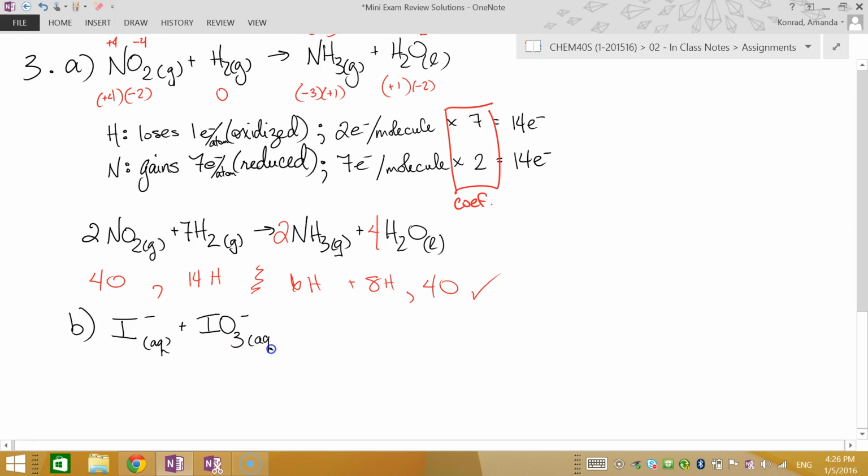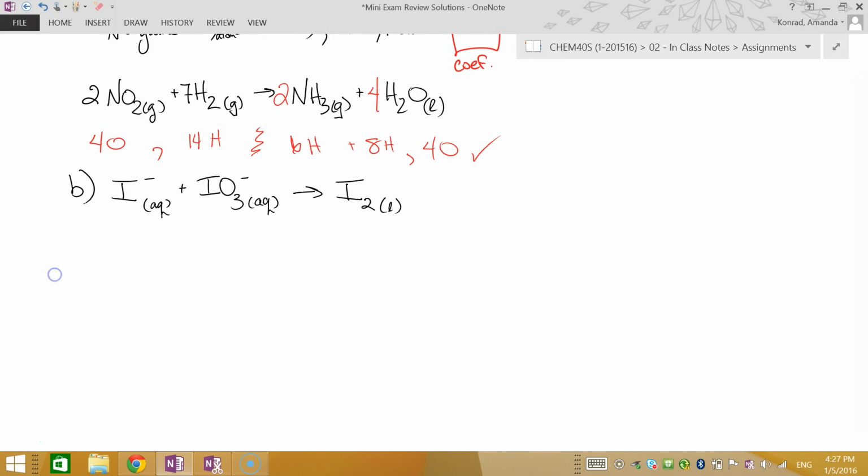So any lost charges along the way will influence our answer and mean we probably won't get the right one. And iodine is usually in the liquid form. If you don't have the states, that's okay, because they're not given to you in the question. I've added those in there just as extra information.